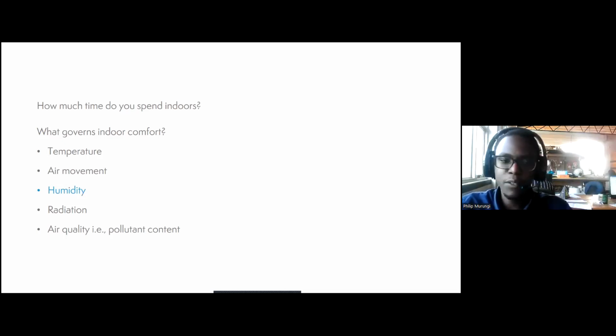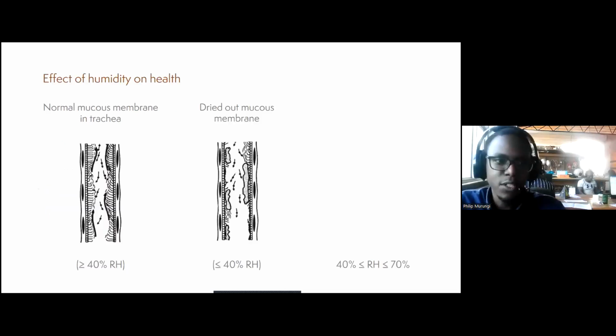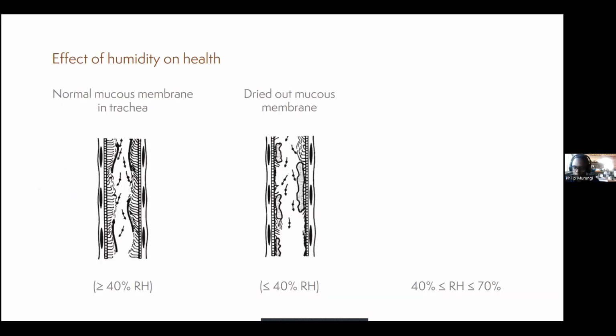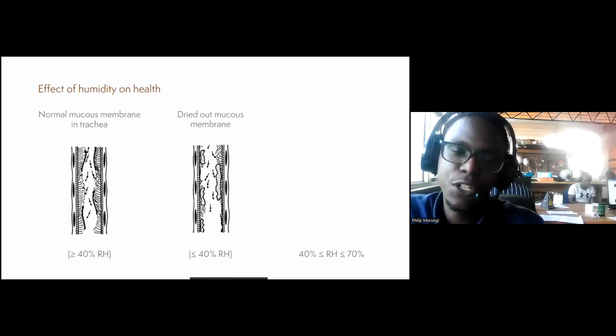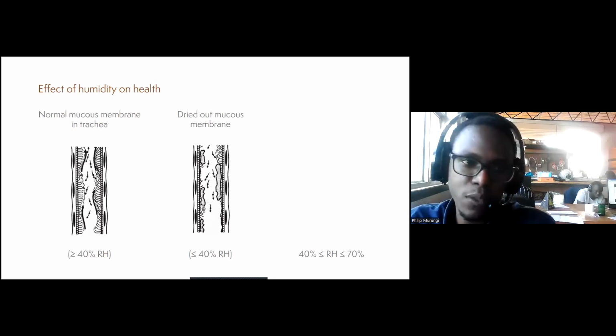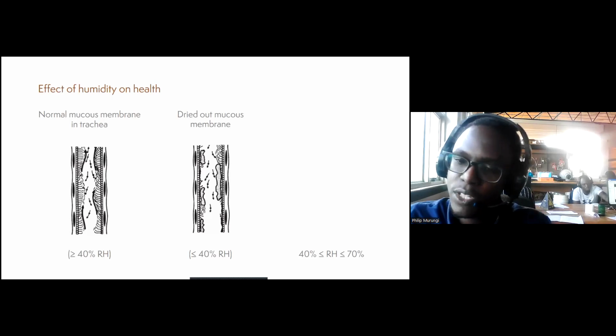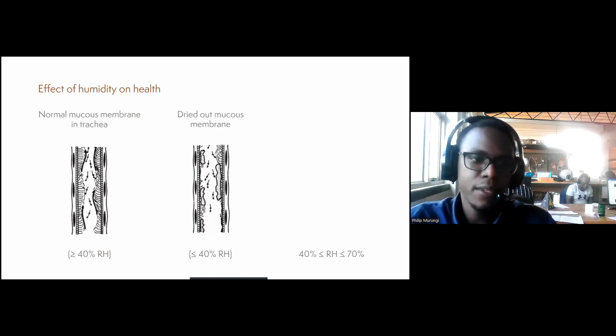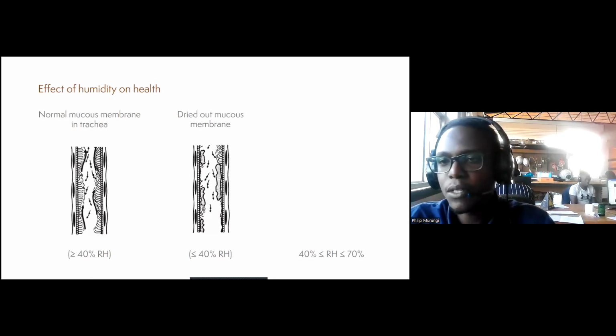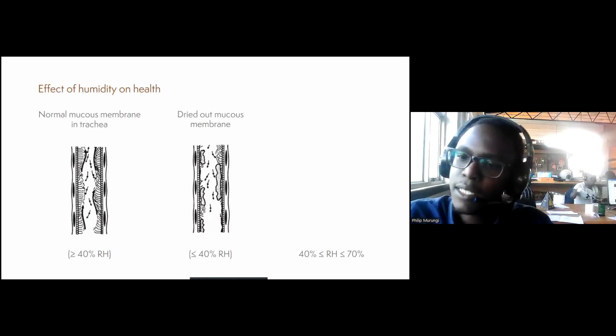So before we see how walls are able to breathe, let's look at the effect that humidity has on your health. Every human being has a trachea, which is a tube connecting the nose and the lungs. When this tube is moist or has a good humidity, it's able to prevent foreign bodies getting into your lungs.